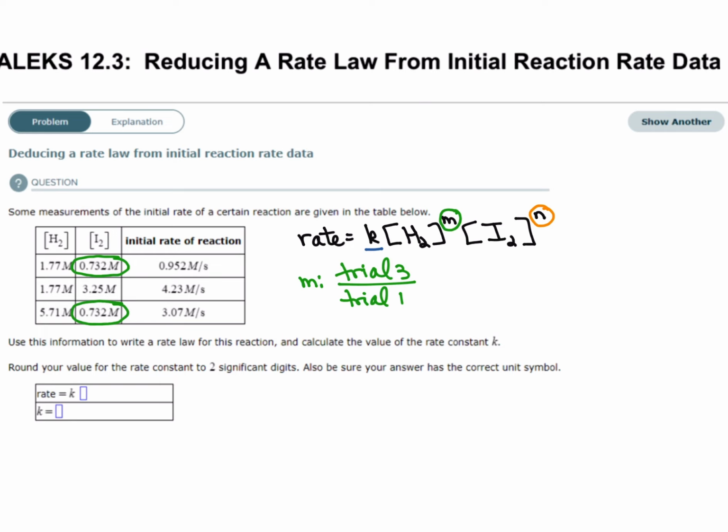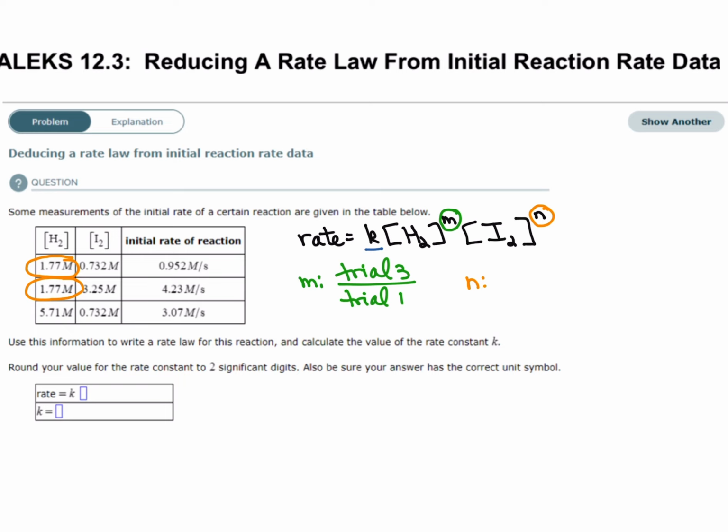Let's take a look at solving for n. For me to solve for n, I want to try to cancel out the concentrations of H2. Take a look at my table. I see that in trial 1, the concentration of H2 is 1.77, and in trial 2, the concentration of H2 is 1.77.